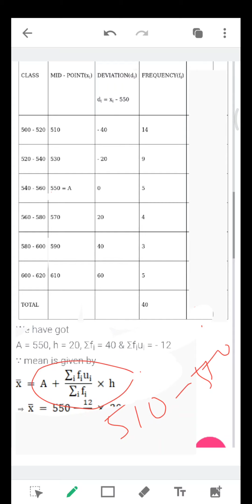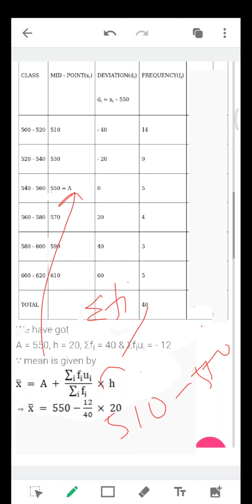So we have already got the value of a from here, and we know sigma fi is the sum of all the frequencies. So this is your sigma fi, that is 40, and h in this is the height of the class.